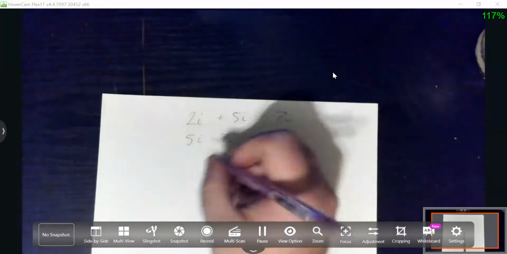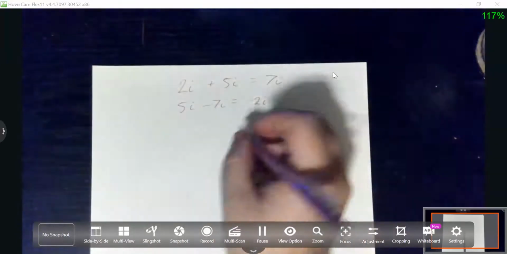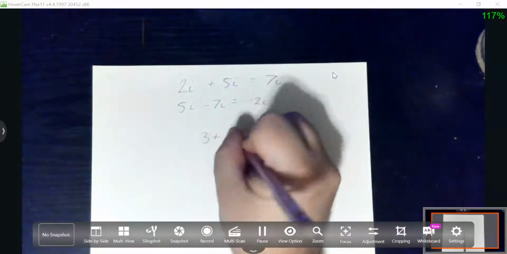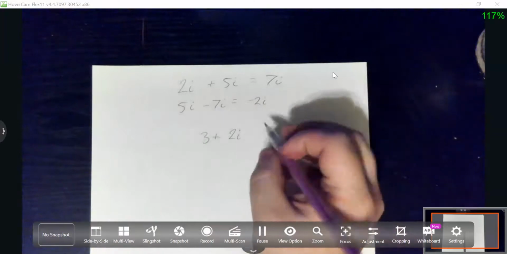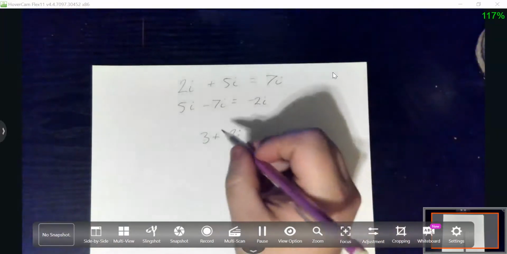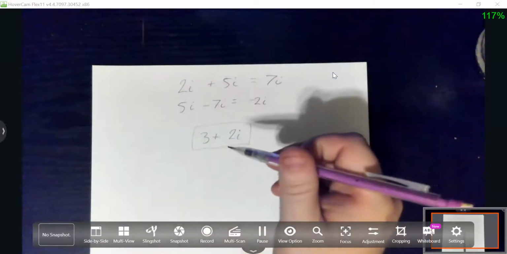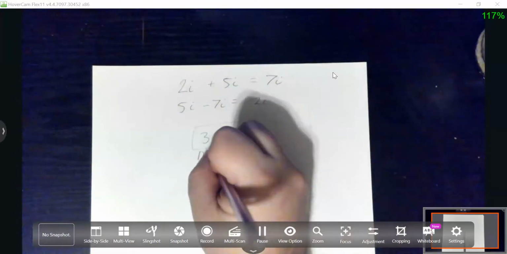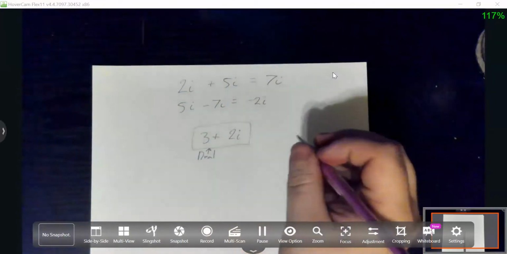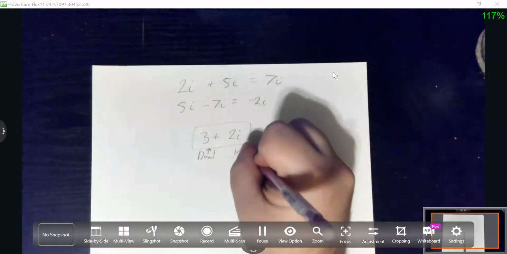Oftentimes, when we talk about an entire complex number, we'll have a part that goes along with it next to it. So if I have 3 plus 2i, these aren't like terms. So it follows the same rules as we had with x's. When we deal with complex numbers, we have a real part, which is our 3, and then sometimes we'll call it an imaginary part, which is the i part.